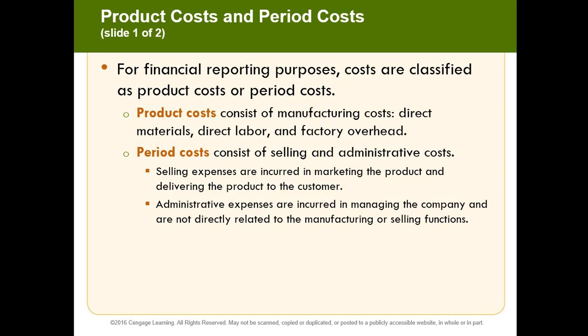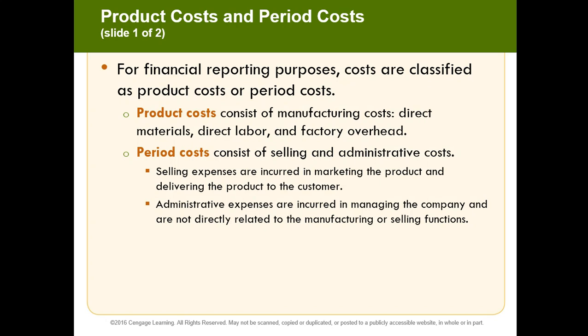And the last part of this section, for financial reporting purposes, all of these costs that we're talking about, direct materials, direct labor, overhead, the conversion costs, they can be classified into product or period costs. And we classify them in this way for our financial statements.